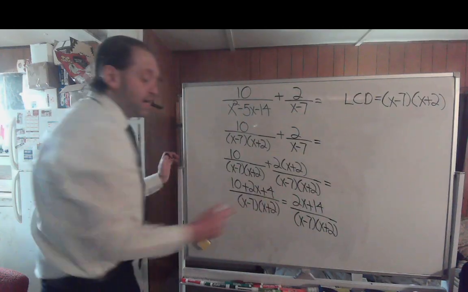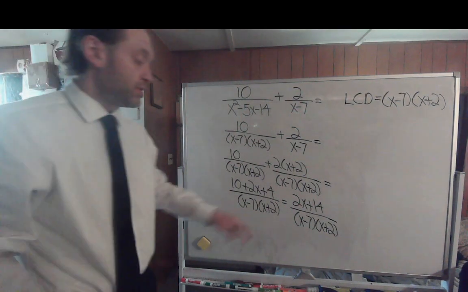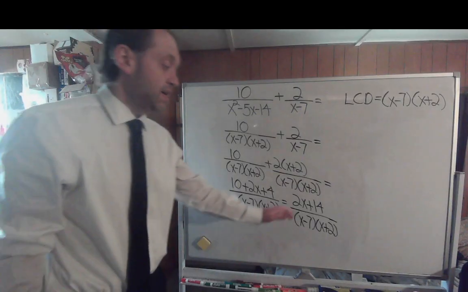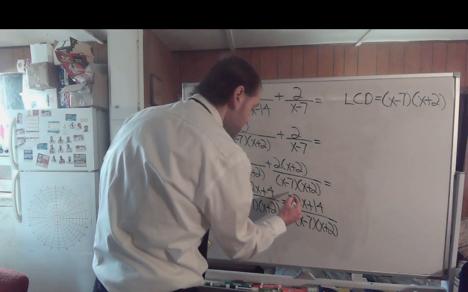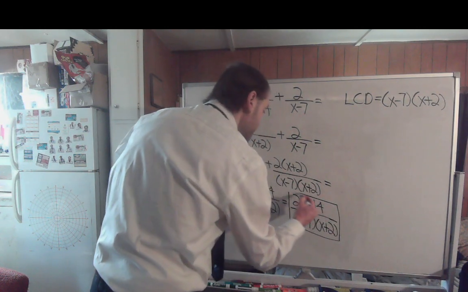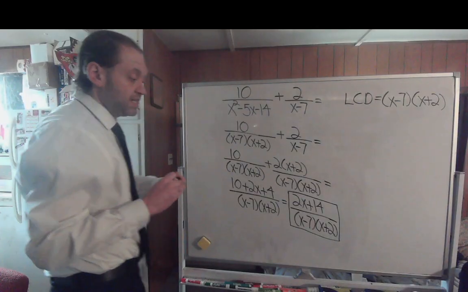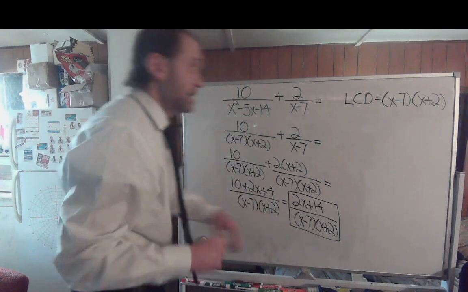Well, yes, you could factor out a common 2 in the numerator, but that would give you 2 times the quantity of x plus 7, nothing that's going to cancel out with the denominator, so you can leave this as 2x plus 14 over x minus 7 times x plus 2.